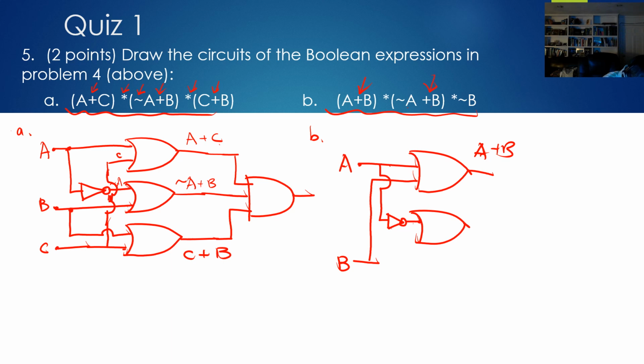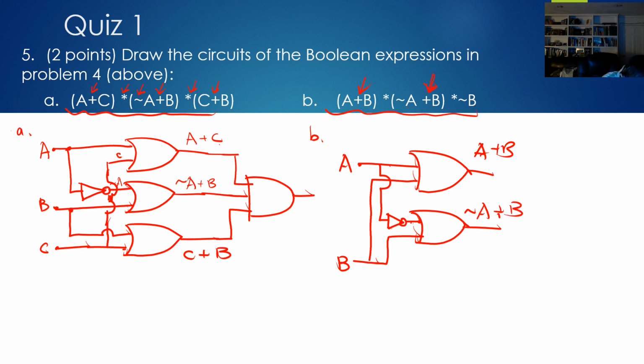The output of the NOT gate is going to be the input of the second OR gate, right? So the second OR gate, and then I'm going to use B. So that gives you tilde A plus B, correct?